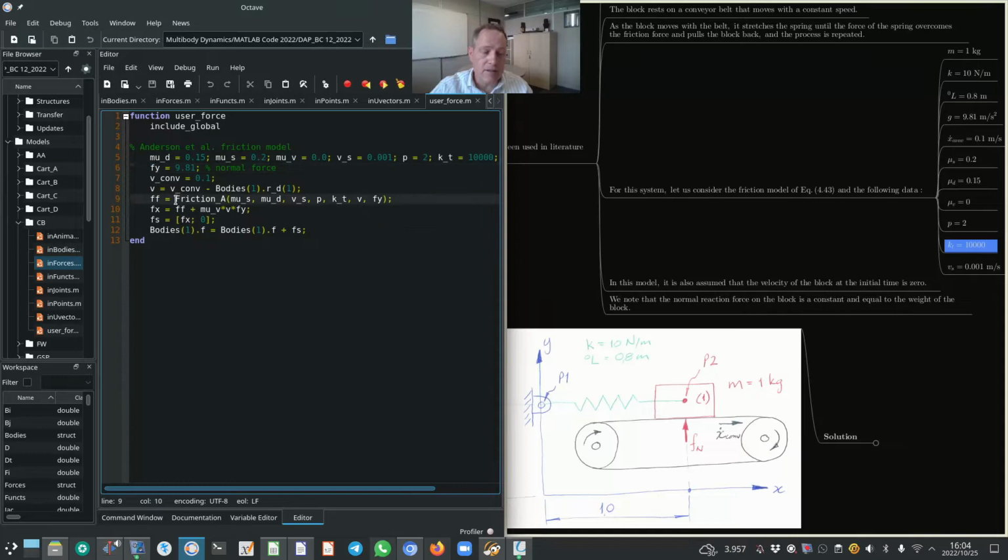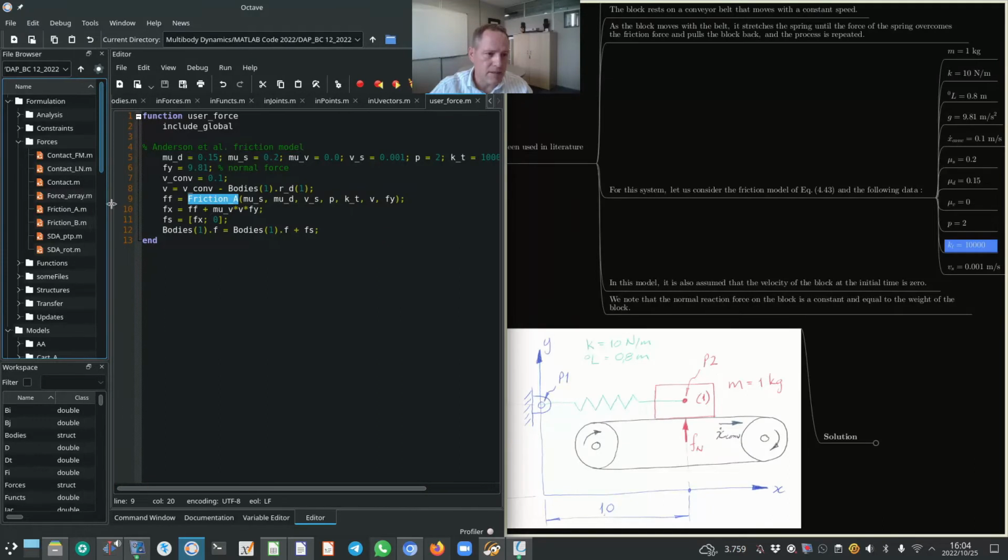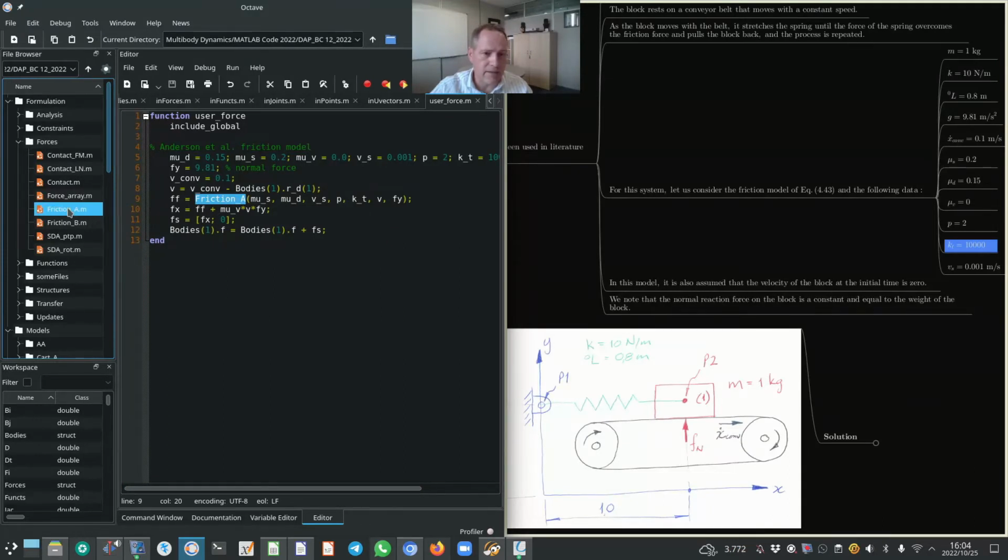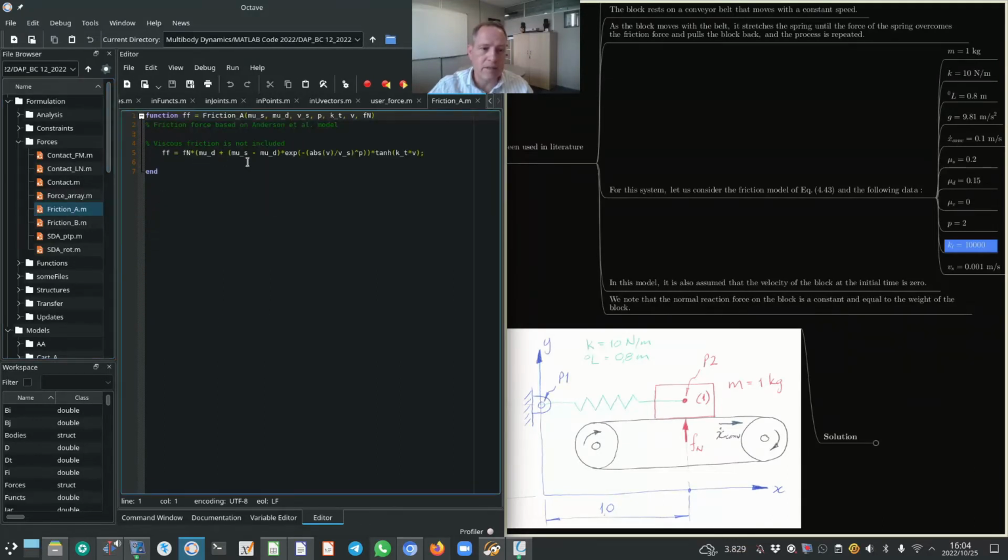Now to locate this function friction A, it is under formulation forces, friction A, and it's simply a line of code that follows from equation 443.